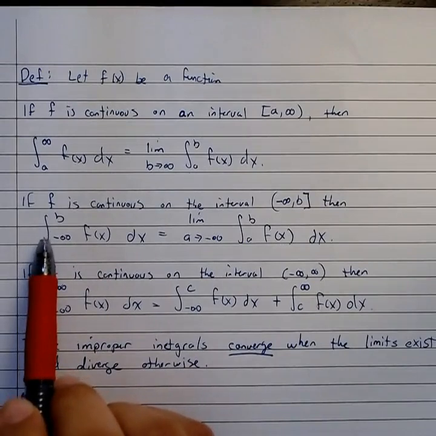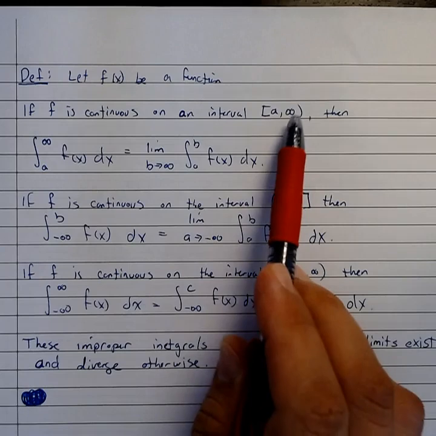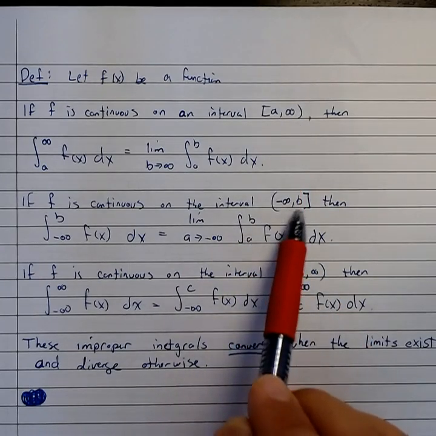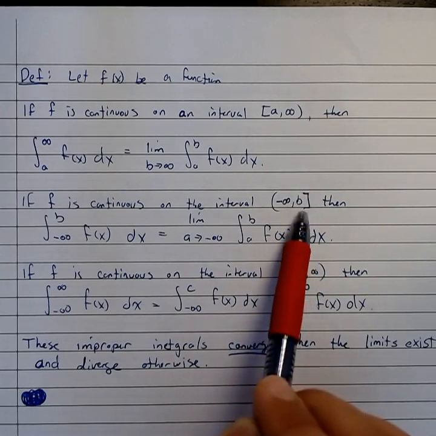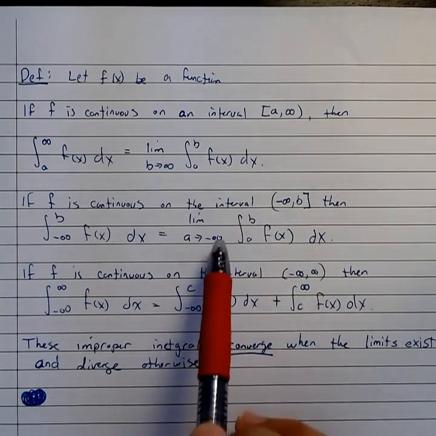This is another form of improper integral. Your function doesn't have to be going off to infinity to the right. It can do so to the left. We can take a function continuous from negative infinity to b. It's defined and continuous at b, but not as you go off to negative infinity.